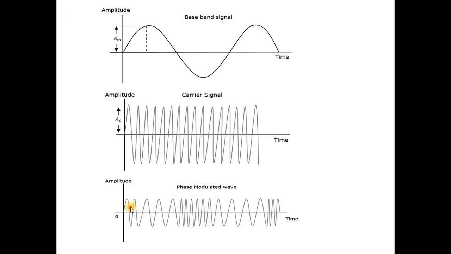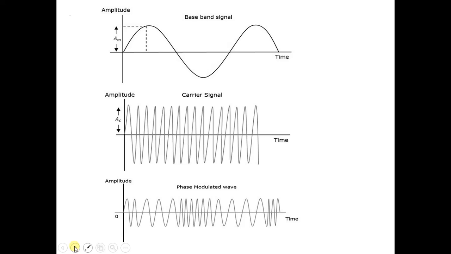Sometimes the phase works as positive, whereas sometimes the phase works as negative. What we observe here is that the amplitude of the phase modulated waveform remains constant, but the phase varies.